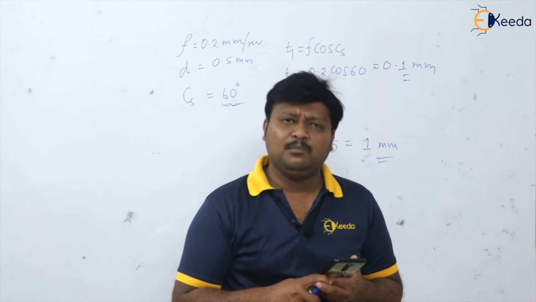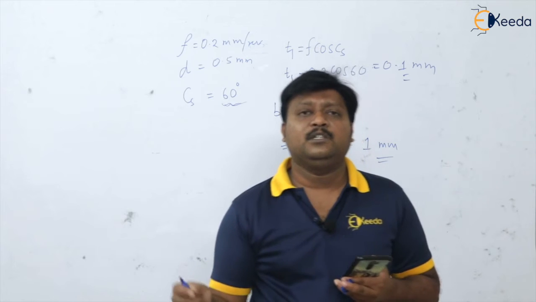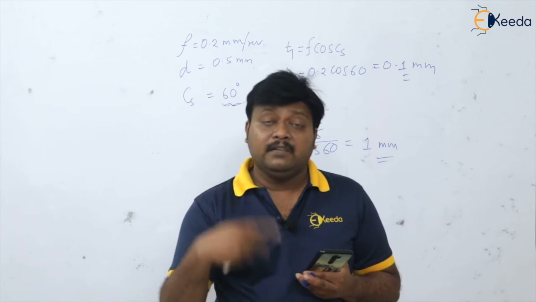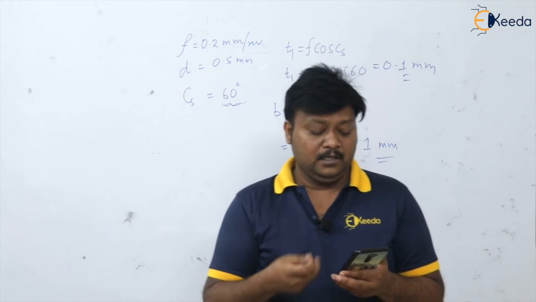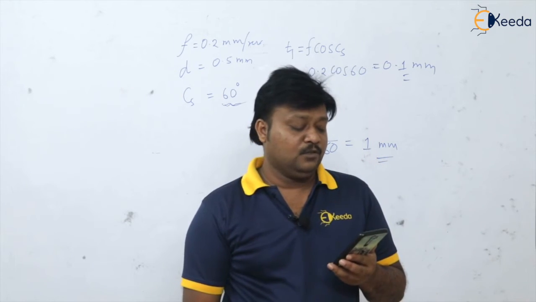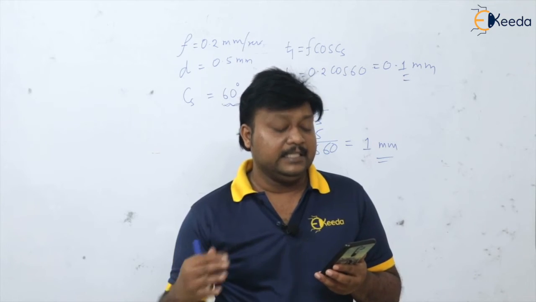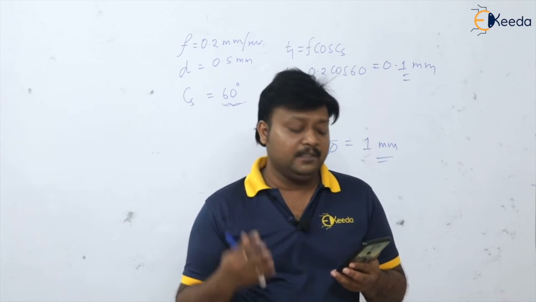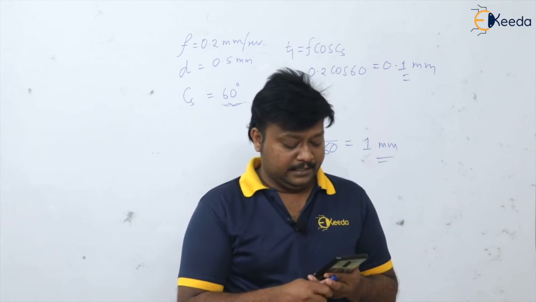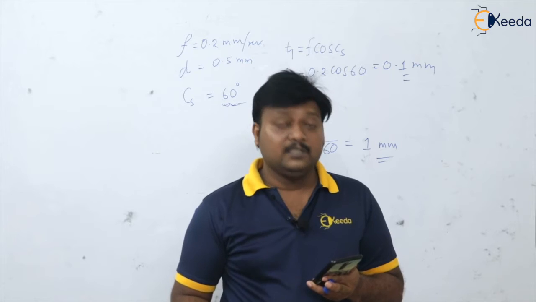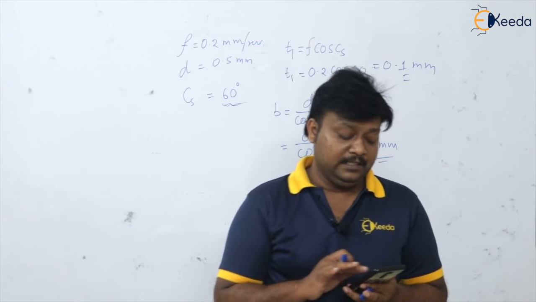We know vanadium up to 1% is there: 18% tungsten, 4% chromium and 1% vanadium. When the percentage of vanadium goes on increasing, it is known as the super HSS. In comparison to HSS, super HSS contains a higher percentage of, of course, vanadium. The options were tungsten, cobalt, carbon, and vanadium. So vanadium is the correct answer. And what is the basic function of vanadium? It increases the keenness of the cutting edge.